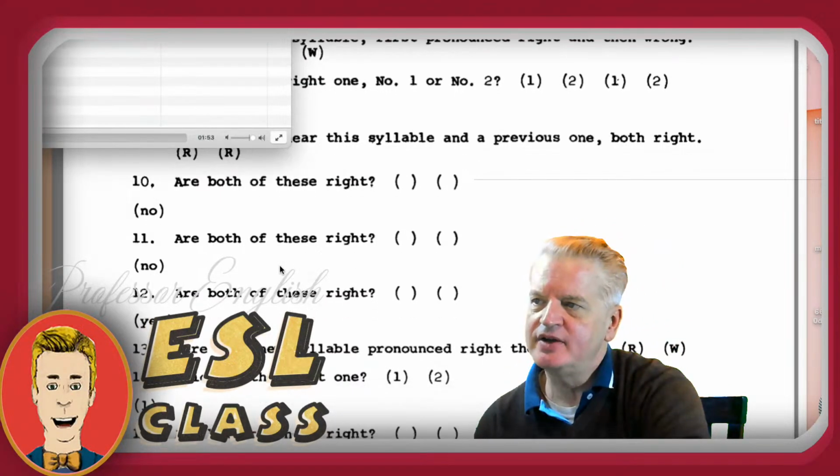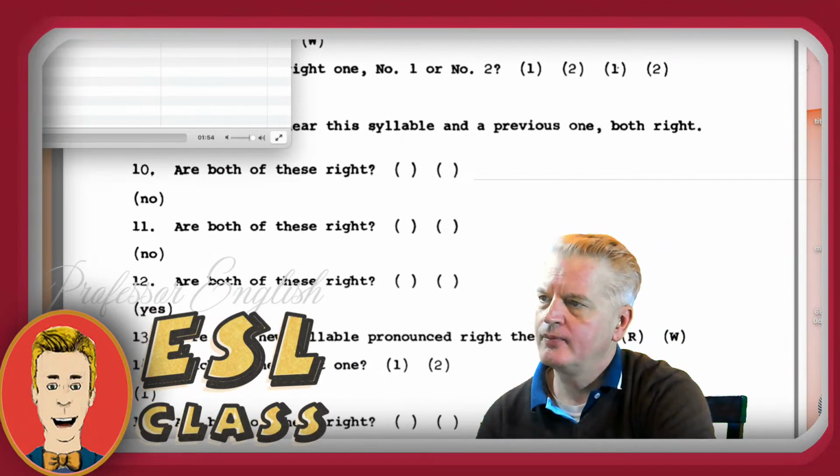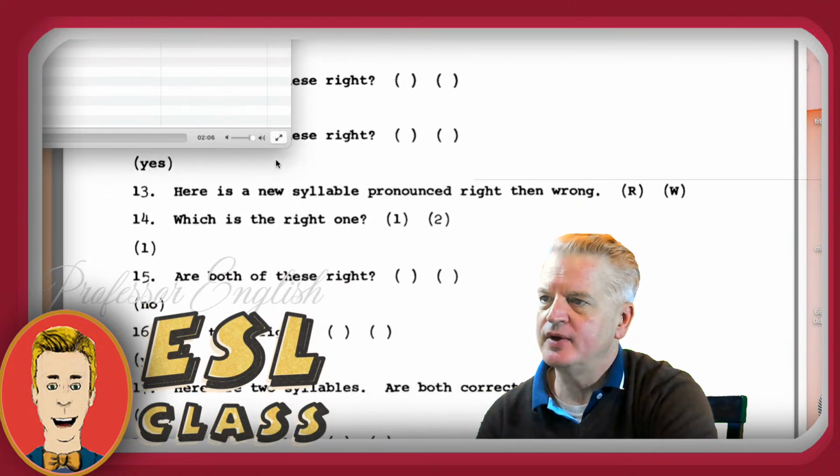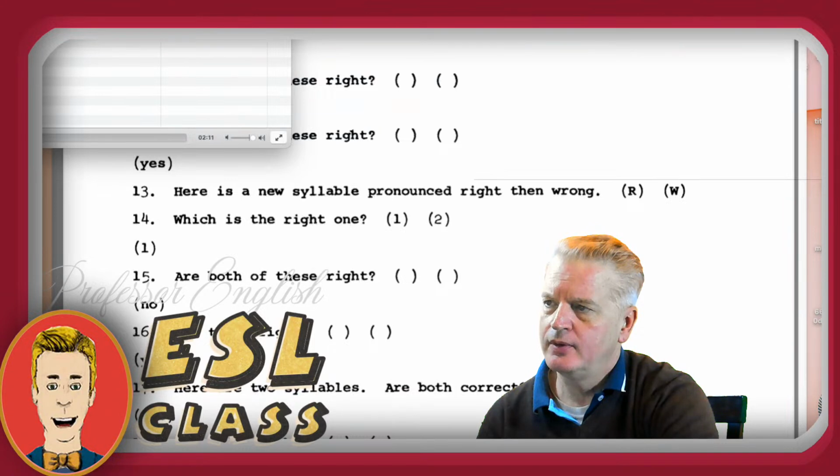Are both of these right? She. V. No. 12. Are both of these right? She, V. Yes, both of those are correct. 13. Here is a new syllable, pronounced right and then wrong. Do, do. 14. Which is the right one?